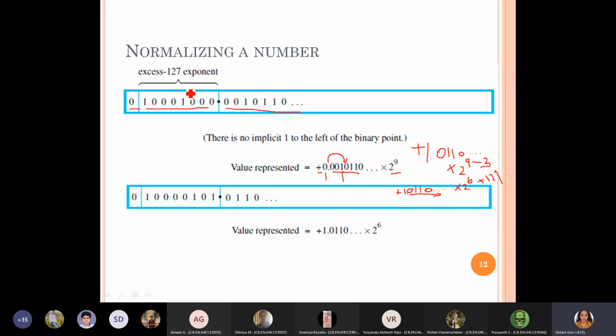The mantissa after the binary point is here, and the sign bit is 0, that's also here. And then the exponent in 127 representation should be equal to 133, after adding 127, okay?